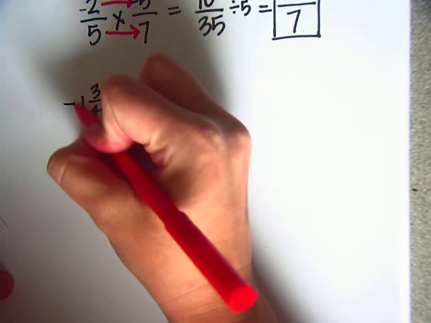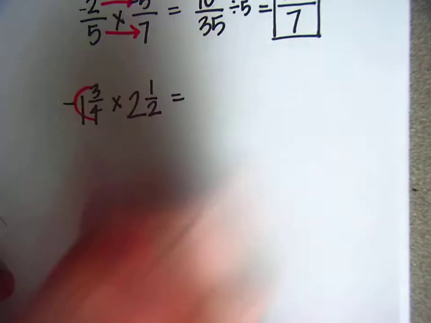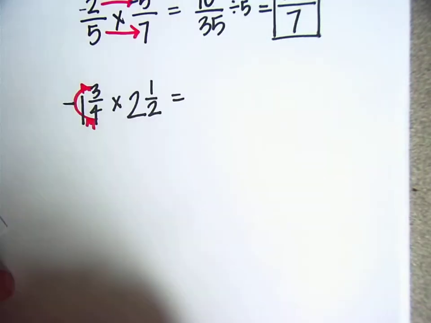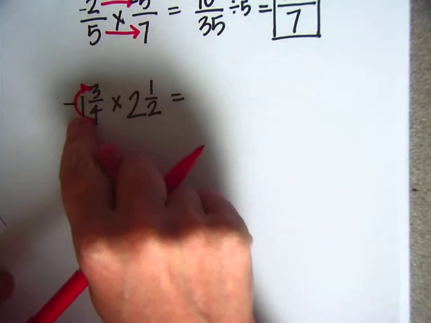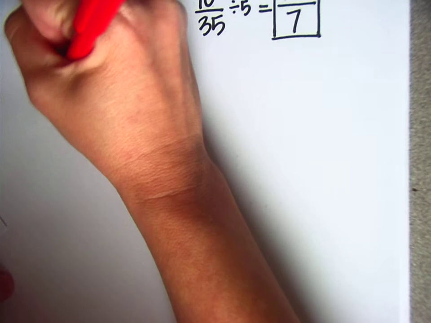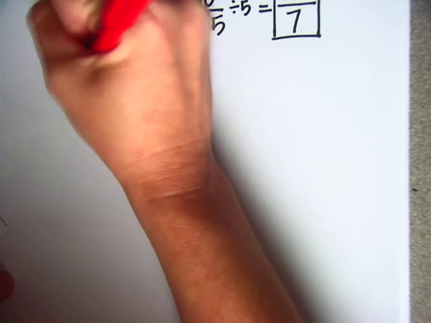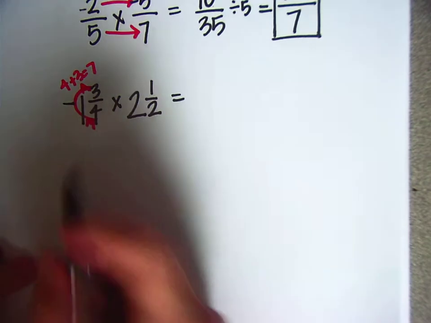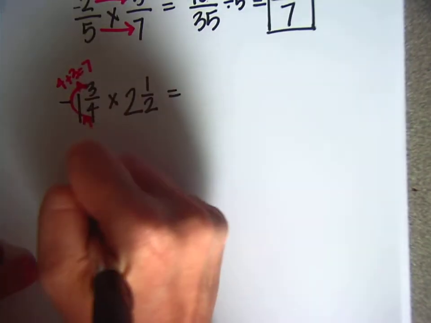CMA is whenever we go in this direction, which is our C, we're going to multiply these two numbers together for M, and we're going to add these. So 4 times 1 is 4, plus 3 is 7. So whenever we rewrite this fraction, we're going to have 7 over 4 times.